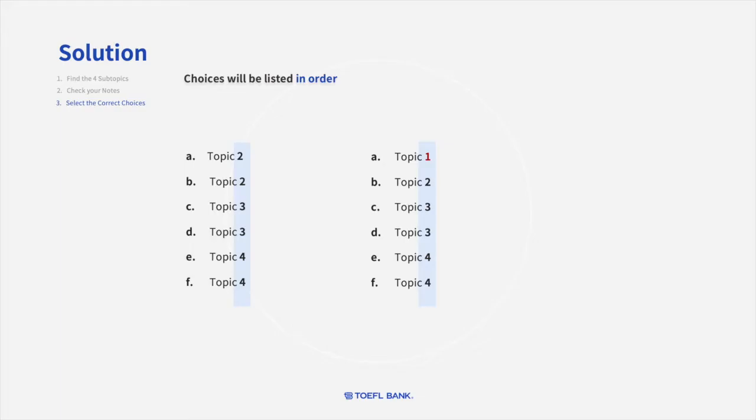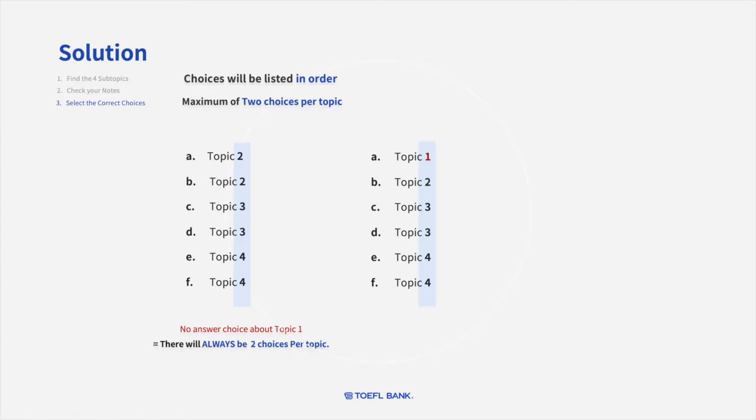Another pattern of these 6 choices that you should keep in mind is that there will be a maximum of 2 answer choices that talk about one subtopic. And in cases where there isn't an answer choice for topic 1, there will always be 2 answer choices about each subtopic, as in subtopic 2, 3, and 4.